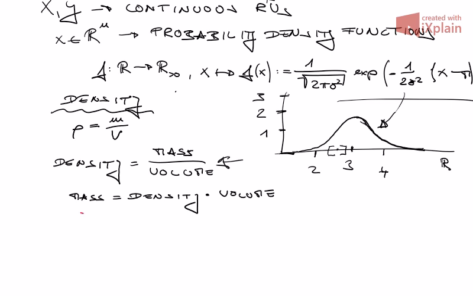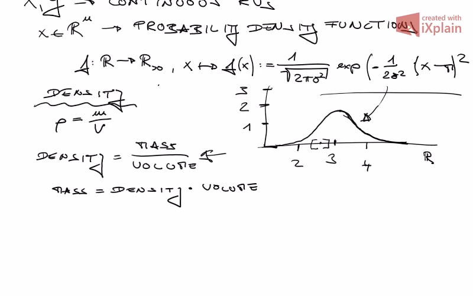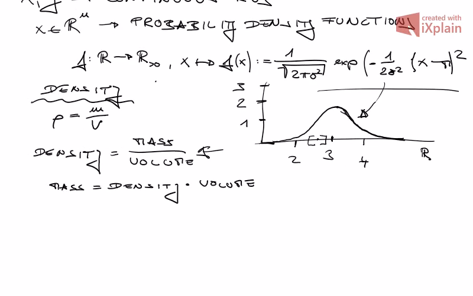However, if we actually have some volume that is larger than 0, so not only a single point, but for example an interval, for example between 2.5 and 3, so we are interested in this interval here, then we can compute the associated mass by looking at the density, which is shown in this graph.